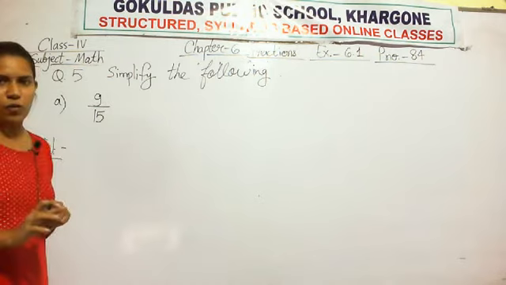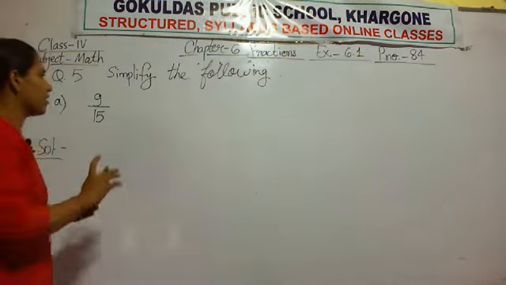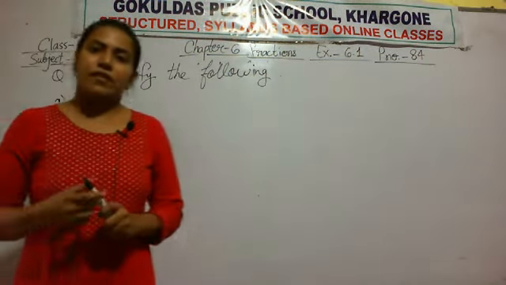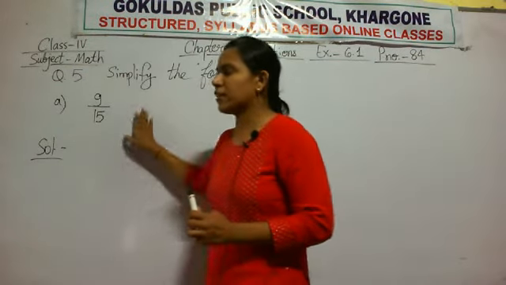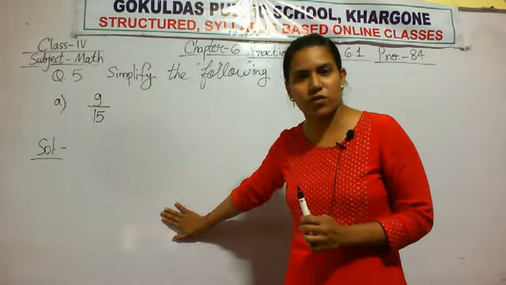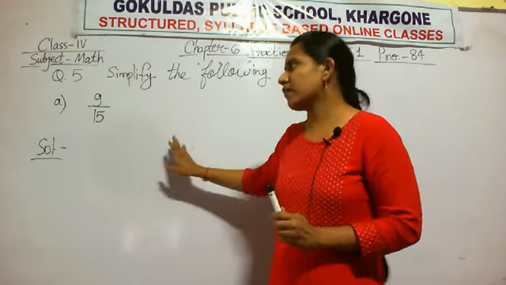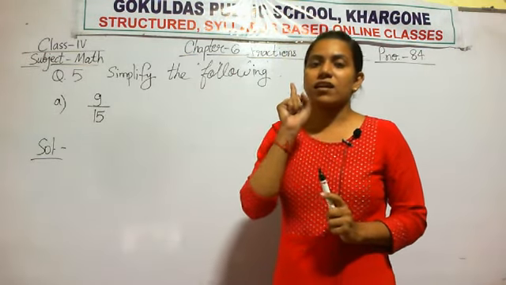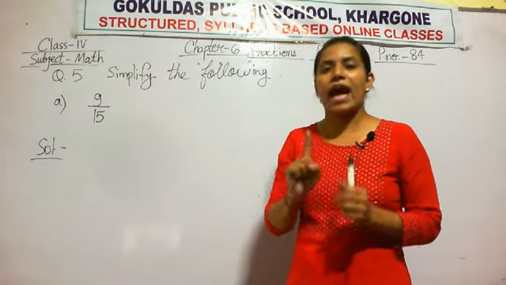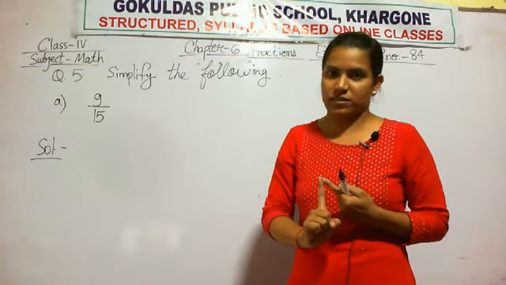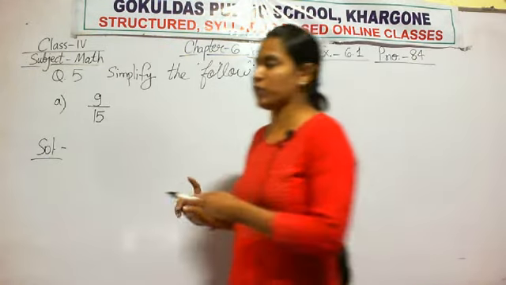It is our task. We conclude the fraction is in its lowest form when they have only 1 as a common factor. Till then we will continue dividing.